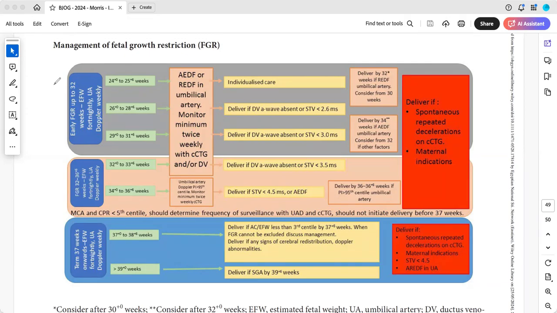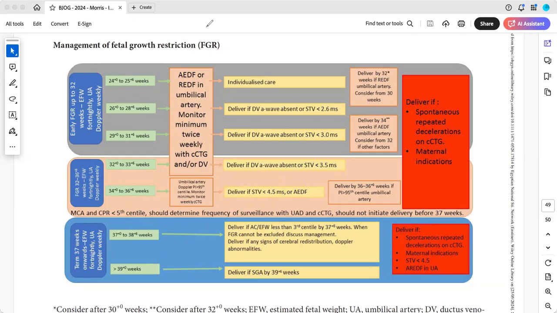No, of course it's not. Because that means you will have close surveillance, and once you get a critical level of abnormal Doppler, or abnormal CTG, you will go for delivery, and this delivery will be early. So you now have a combined problem for this baby. This is the group that you need to take carefully.